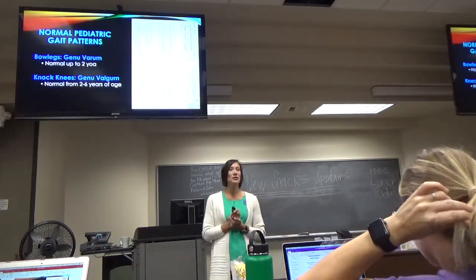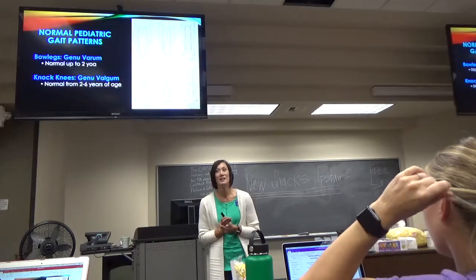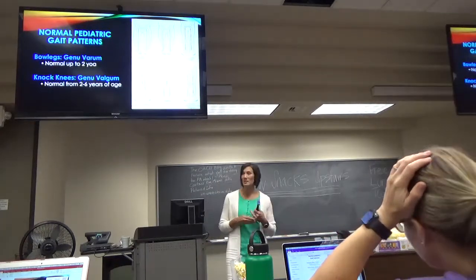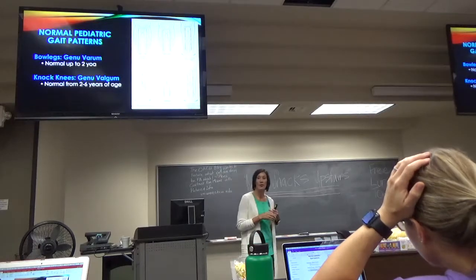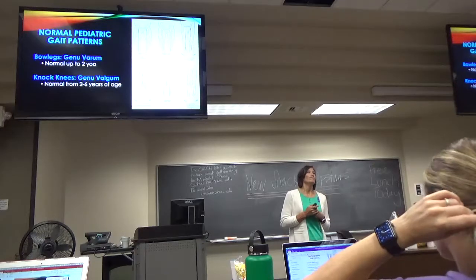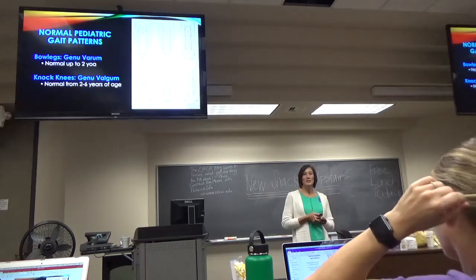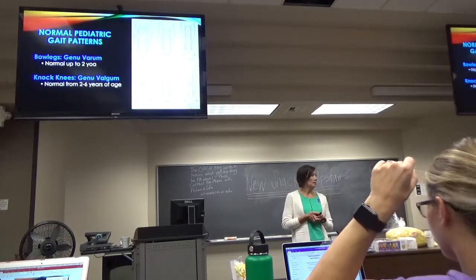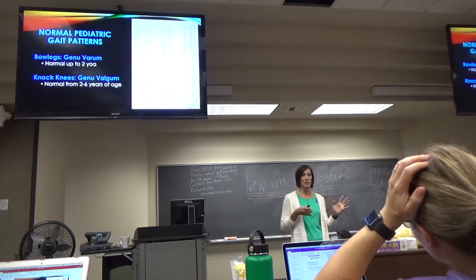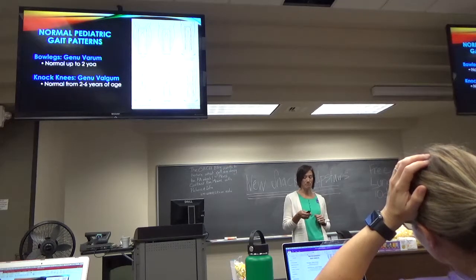You have to get comfortable telling parents, that's expected, it's normal for kids to go through that change in how they walk. Let's watch it. Somewhere by the time they're 6, they usually straighten back up again. They start out in varus, straighten up, go to valgus, and then straighten up again. So just know what's normal when, okay?